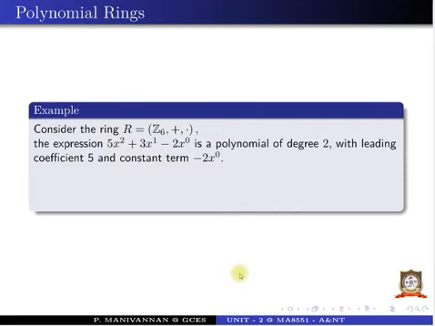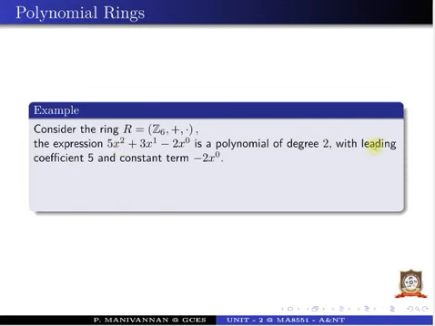Here, consider the ring R equal to Z6, plus, dot. The expression 5x square plus 3x power 1 minus 2x power 0 is a polynomial of degree 2. Why is it a polynomial of degree 2? The highest power of x is 2.